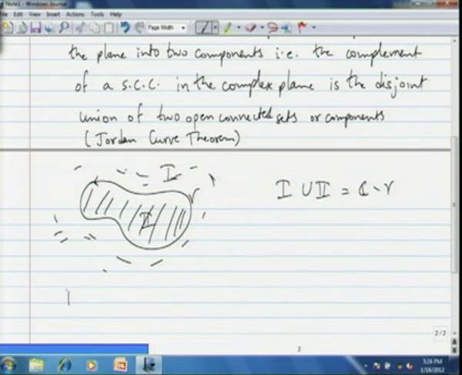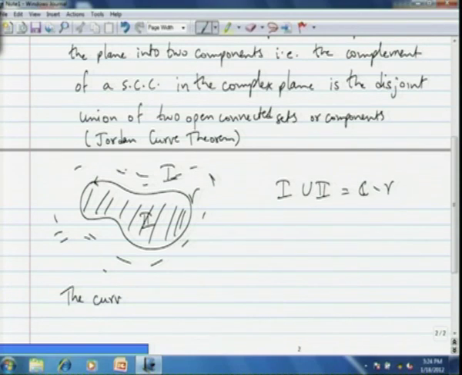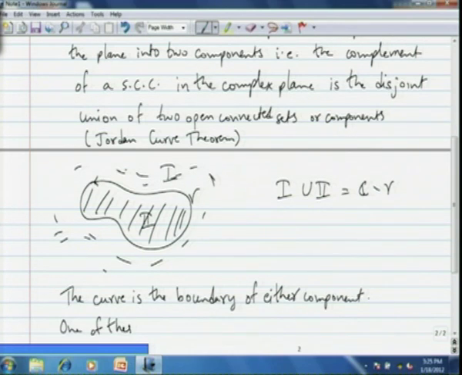In this case, where the simple closed curve separates the complex plane into two components, the curve is the boundary. What is also important is that the curve is the boundary of either component. One of these components is bounded.